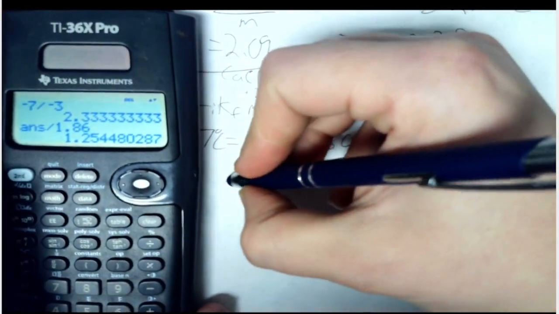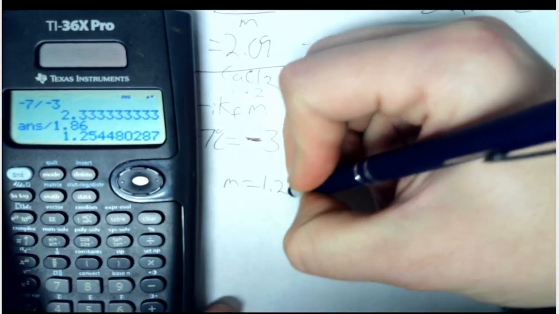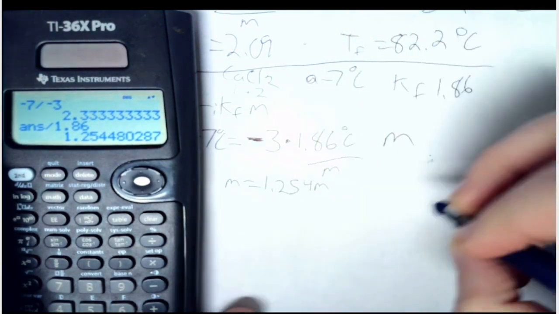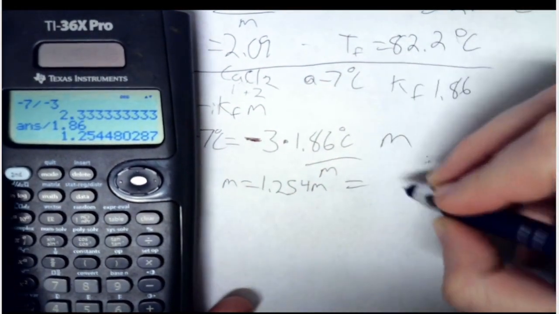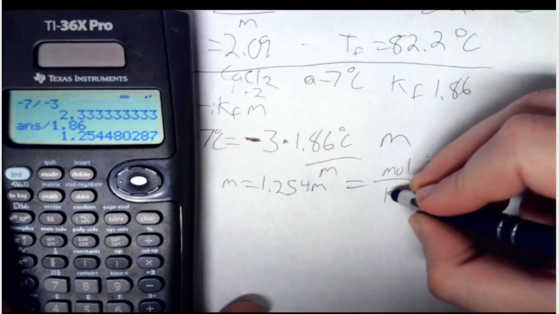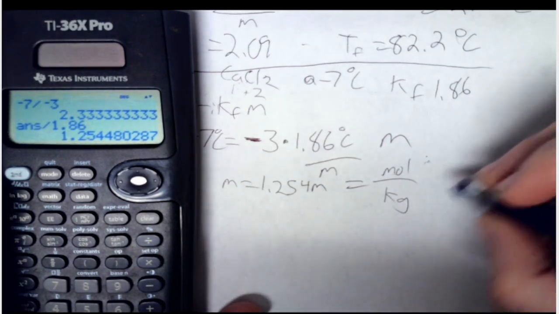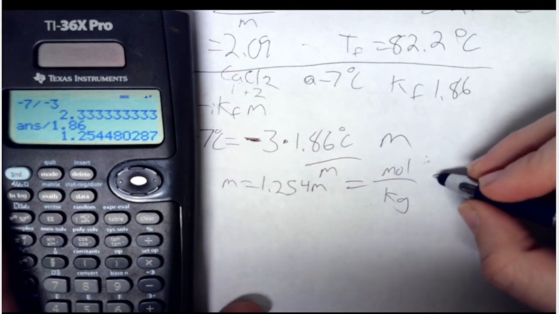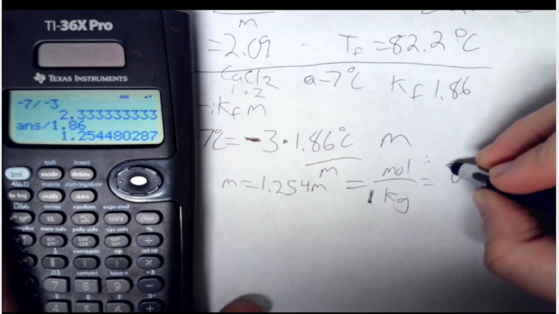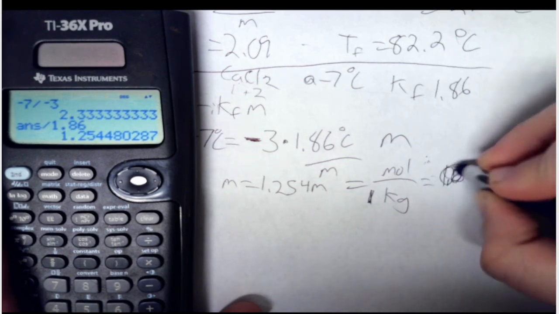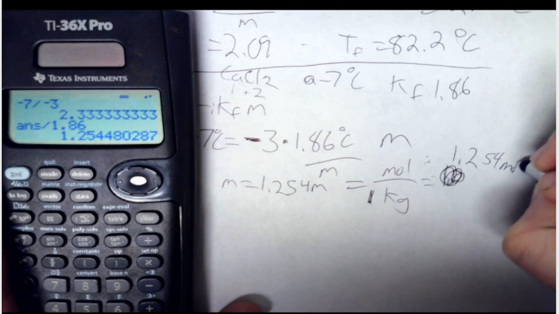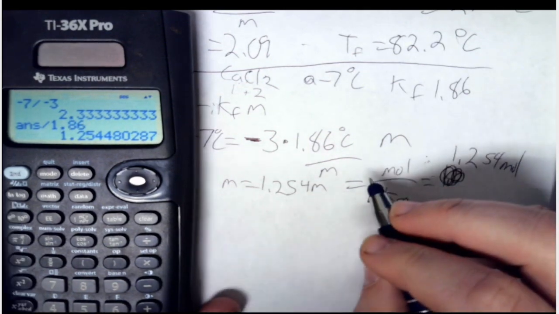So we got an m of 1.25, and we'll say for molal, that molal is equal to moles per kilogram. Well, in order to melt 1 kilogram of ice, we would need 1.254 moles of calcium chloride.